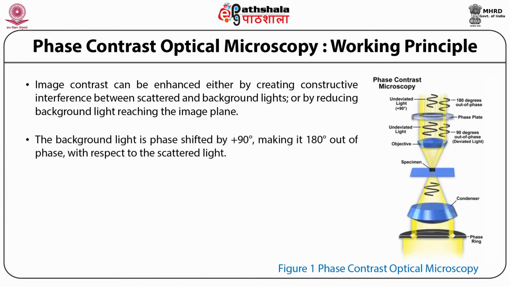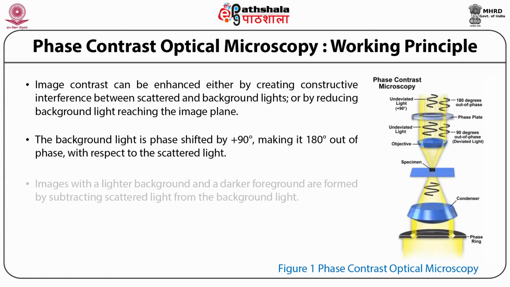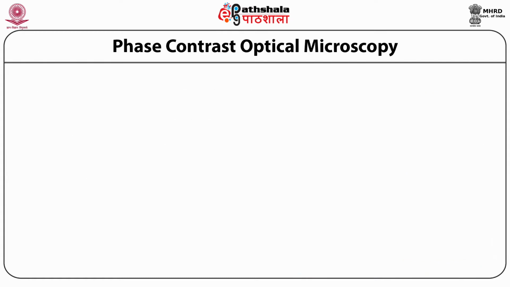The background light is phase shifted by plus 90 degree, making it 180 degree out of phase with respect to the scattered light. Images with a lighter background and a darker foreground are formed by subtracting scattered light from the background light.